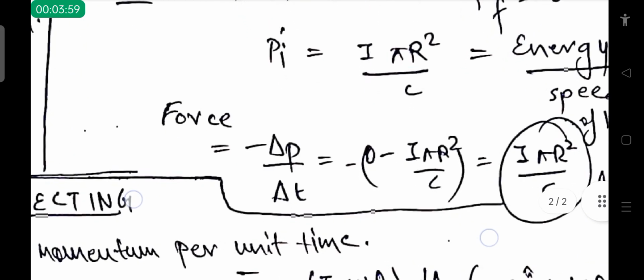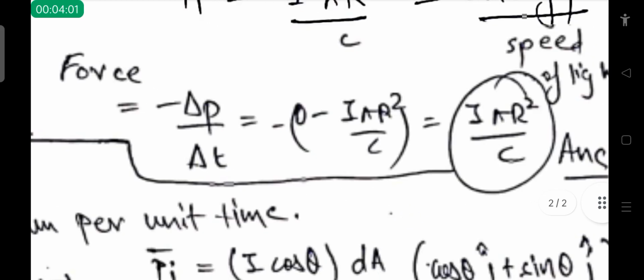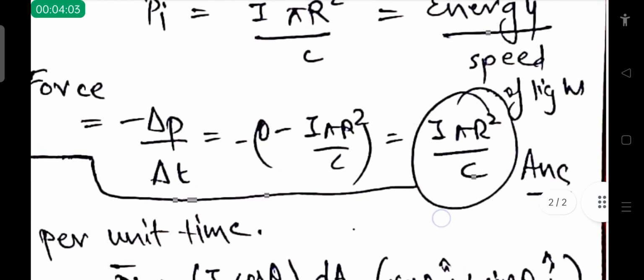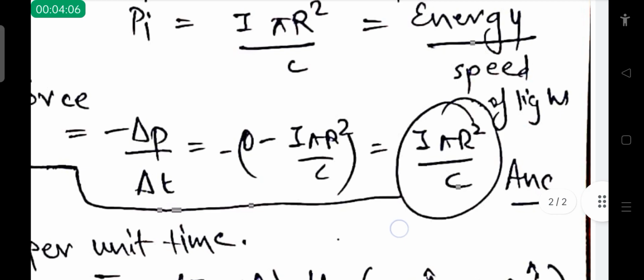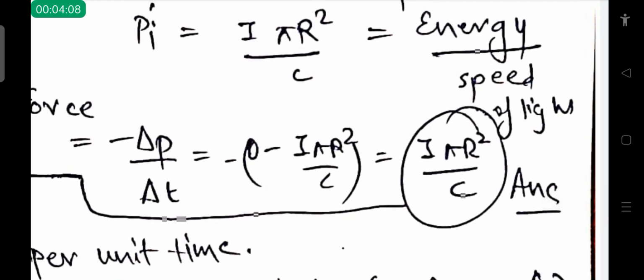So it will be negative rate of change of momentum. On calculating, we get the force exerted when the sphere is completely absorbing as I into pi r square by c.